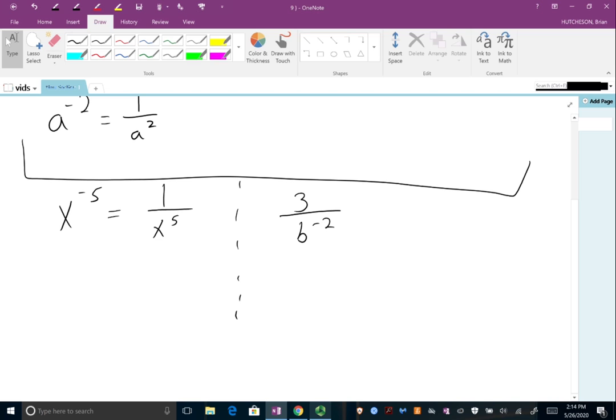Well, b to the negative 2 power is actually in the denominator, which means I'm going to move it to the numerator. But does that negative 2 power have anything to do with the 3? The answer is no. This guy will just become 3b squared. I keep the 3, I move the b to the negative 2.